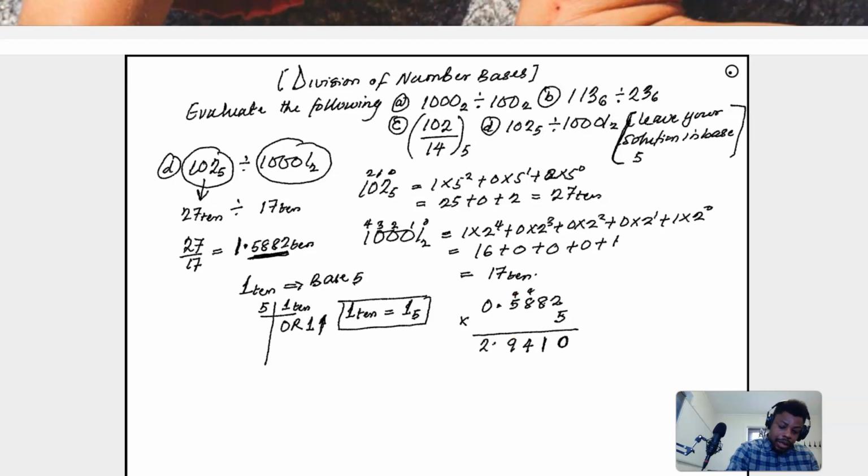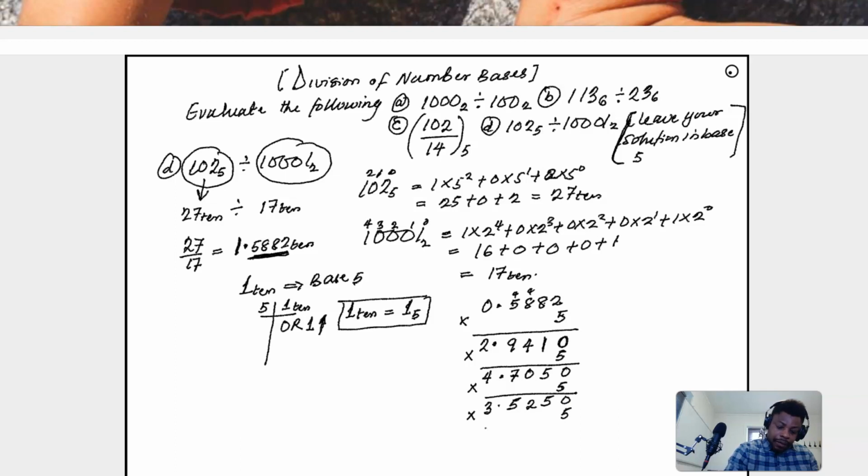Then you put 2 here. You continue with your multiplication. 20, remainder 2. 45 plus 2, 47. 4 is here. Multiply by 5. 25, 2 here. 35. Then you have 3 here.